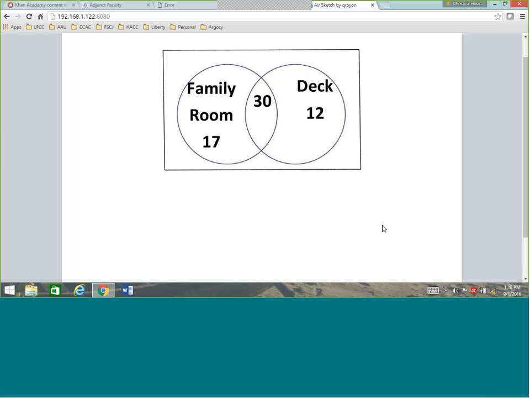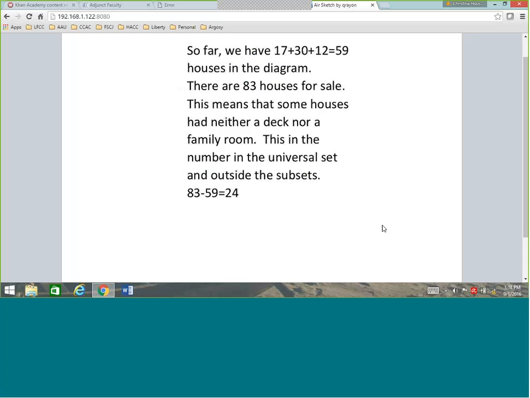Now, it may look like we're done, but not really, because if I add 17 plus 30 plus 12, I don't get the 83 total that we're supposed to get. We get 59. So that tells me that some of the houses had neither a deck nor a family room. These would be the houses that are inside the universal set, because I have 83 houses in my universe, but they're not in those subsets.